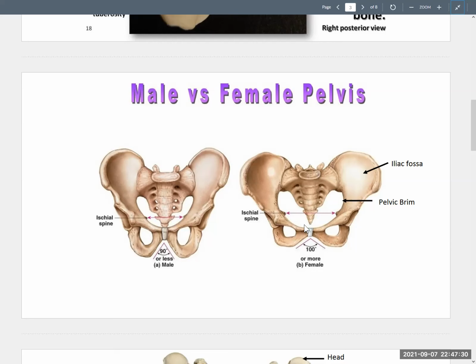The best way to tell a male versus a female pelvis is to look at the angle here where the two pubic bones come together at the pubic symphysis. In the female, it's shown here as 100 degrees or more.